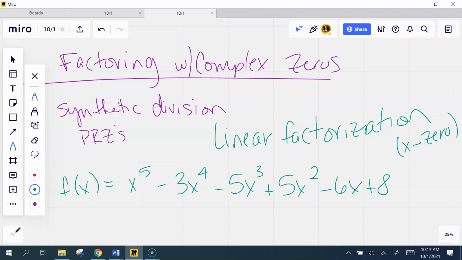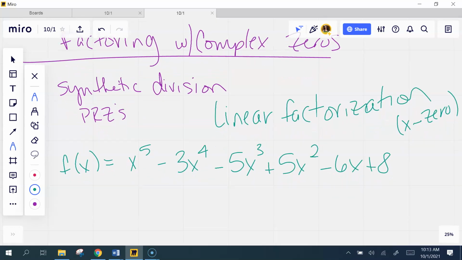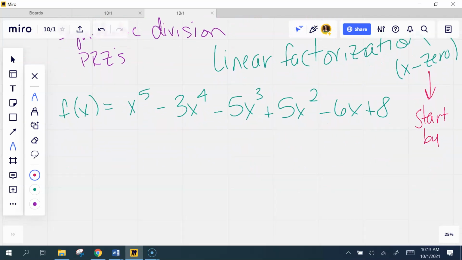Remember we talked about that little theorem yesterday? So x minus that value. So even if it's an imaginary, I want to write it in linear factorization. So the first thing to do this, I'm going to start by finding a zero.